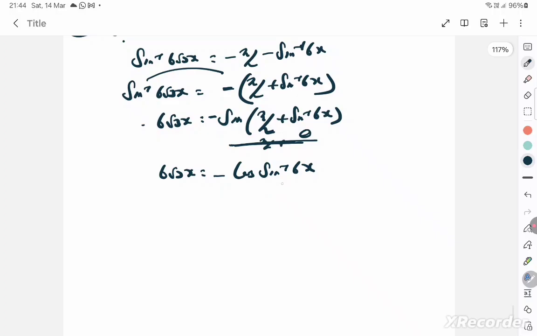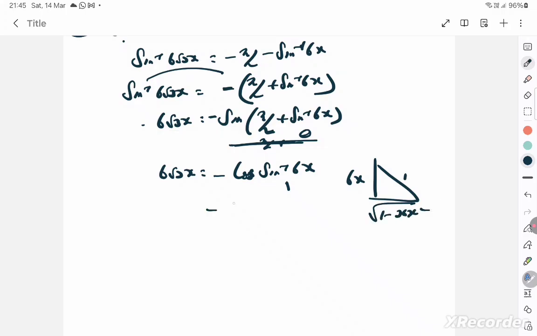And then you can always convert this sine inverse of 6x as cos inverse by drawing a triangle if you want. Just draw a triangle. This is opposite 6x, hypotenuse 1, adjacent root of 1 minus 36x square.